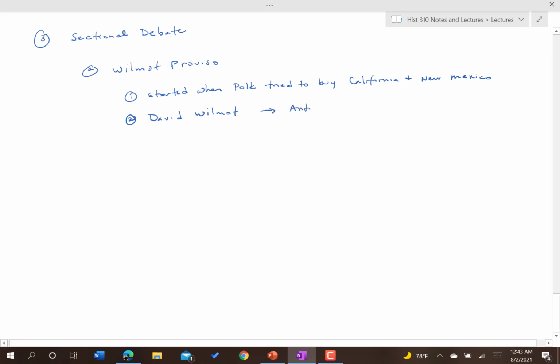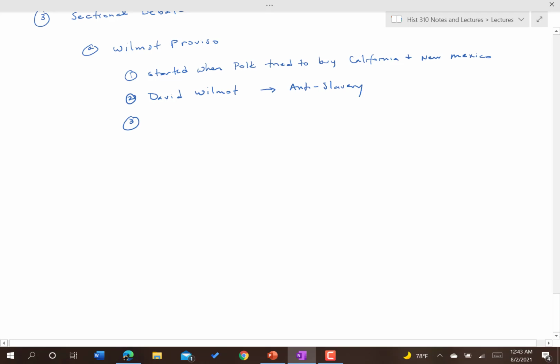And he looked to introduce an amendment, essentially a new bill, that would prohibit slavery in any new territory, which of course had the southern states up in arms, to suggest that no new territories would be slave.